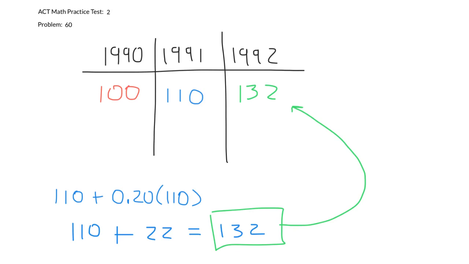So again, the final question is, by what percent did her best long jump distance increase from 1990 to 1992? So from 100 to 132, what percent increases that? Well, that is a difference of 32 units, from 100 all the way to 132. So the question is, 32 units is what percent of 100 units?